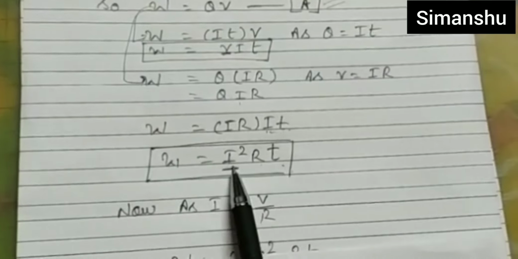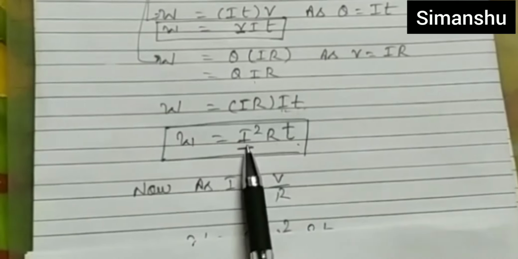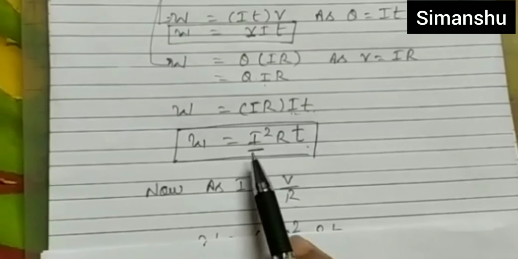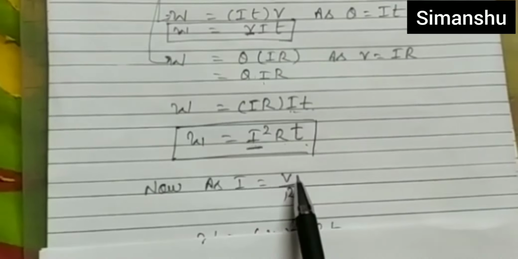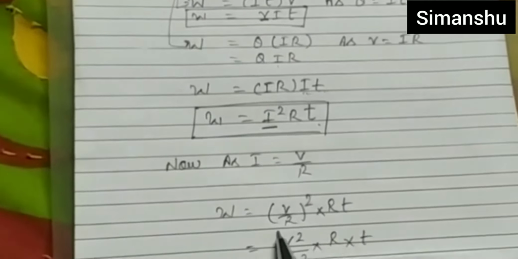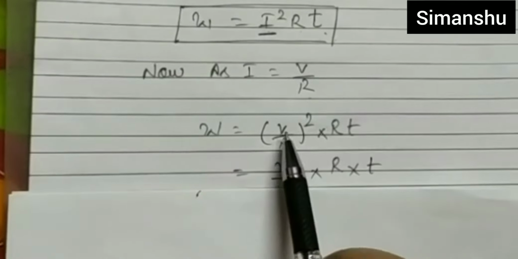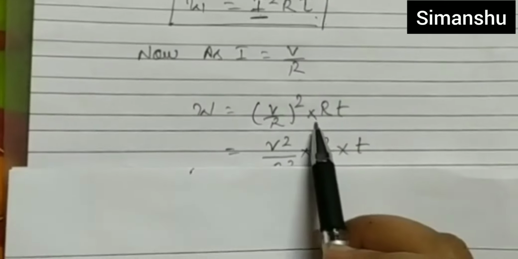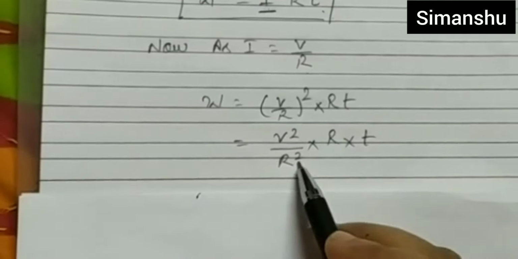Now in this equation also, as we know, I is equal to V upon R from Ohm's law. So we can put the value of I here. After writing the value of I, V upon R whole square, into RT: here it is square, here it is single R, so one will get cancelled out.